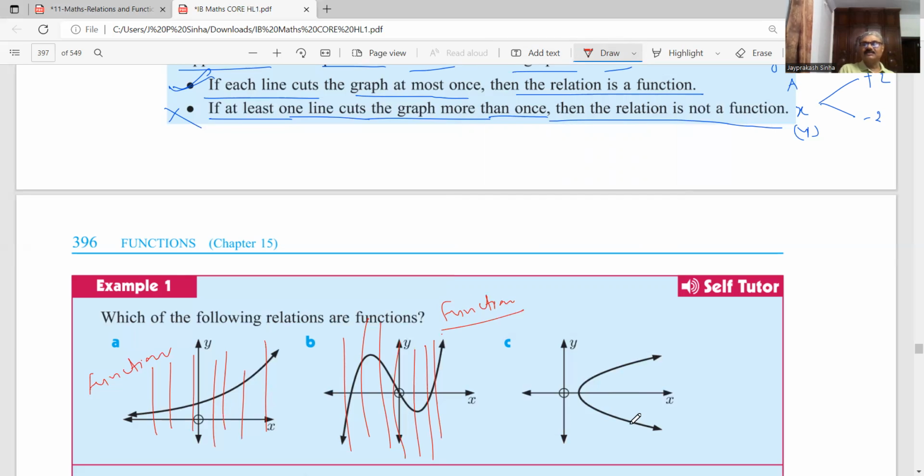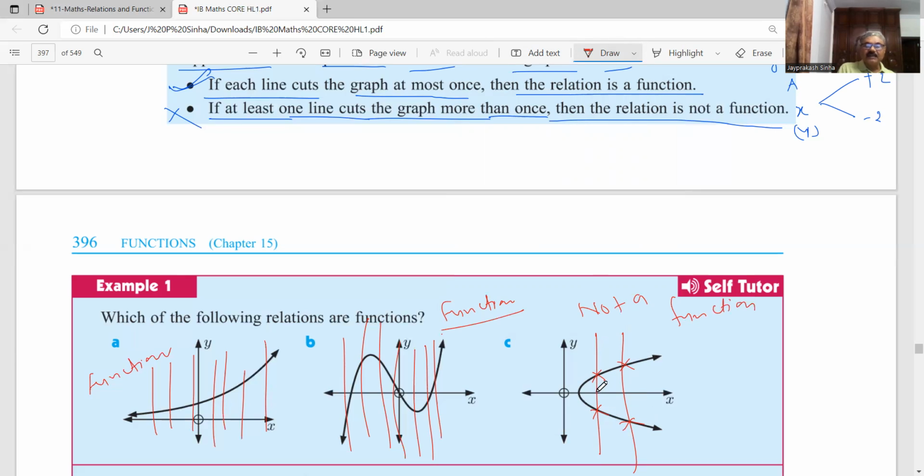Now see the third case. Here you draw the vertical line. What you see here is that this vertical line cuts this graph at 2 points, here and here. So this is not a function.